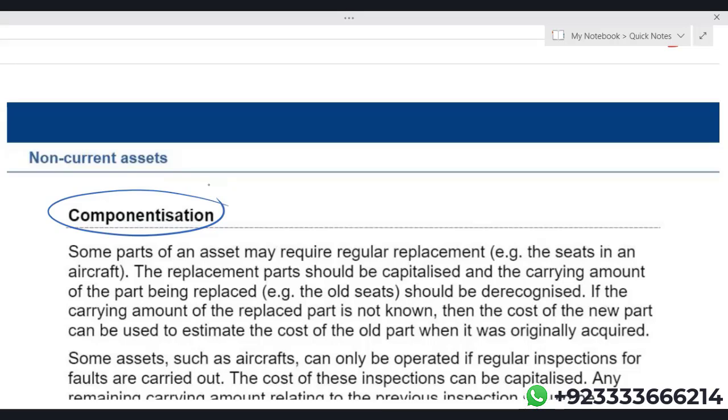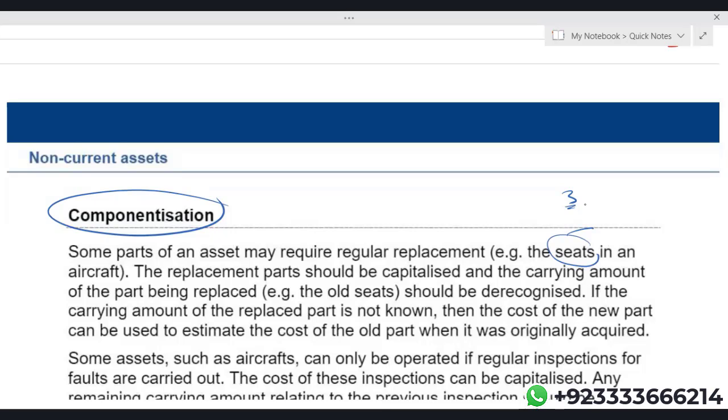For example, if seats in an aircraft have a useful life of 3 years, you will depreciate them over 3 years, and after 3 years, the old seats will be replaced with new seats. We are going to derecognize the old seats and recognize the new seats.